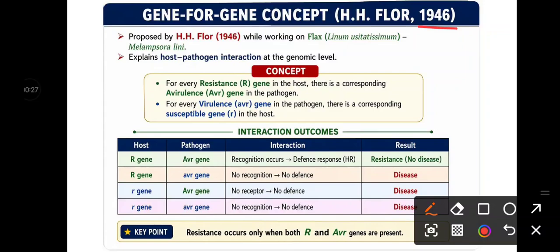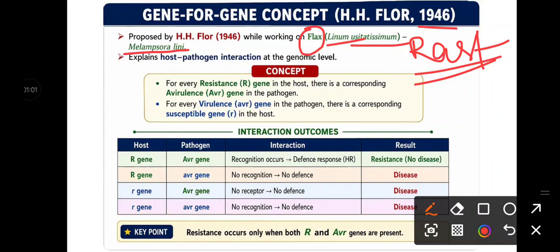He proposed this hypothesis while working on flax or linseed, that is Linum usitatissimum, and Melampsora lini, that is the linseed rust pathogen. So he proposed this gene for gene hypothesis while working on the flaxseed and rust pathosystem. Okay, flaxseed and linseed rust.